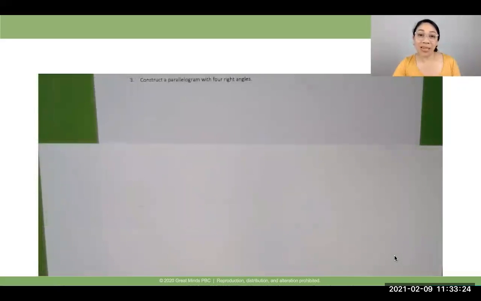For problem 3, we need to make a parallelogram with 4 right angles. What do we call 2 lines that intersect at a right angle? We call them perpendicular lines. Let's begin constructing. First, draw a straight horizontal segment.